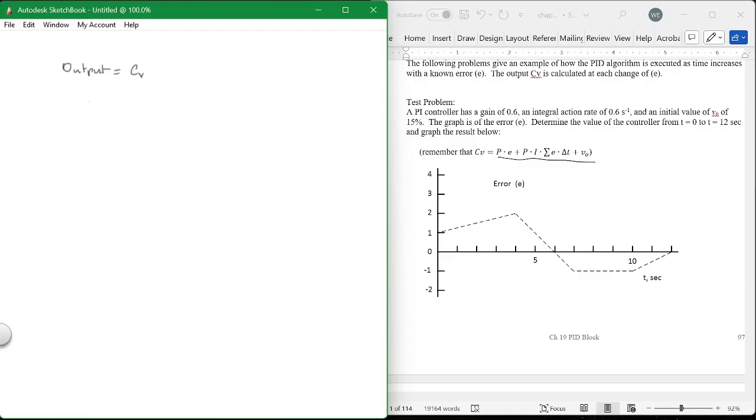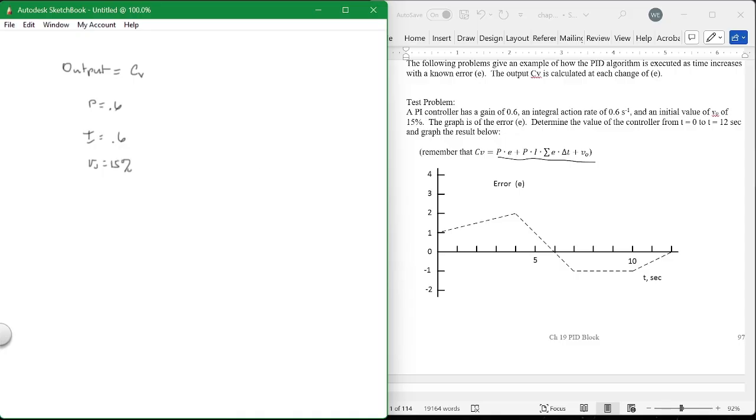So the P term is 0.6, and the integral action, or the I term, is 0.6 as well, okay? Initial value of V0 is 15%.